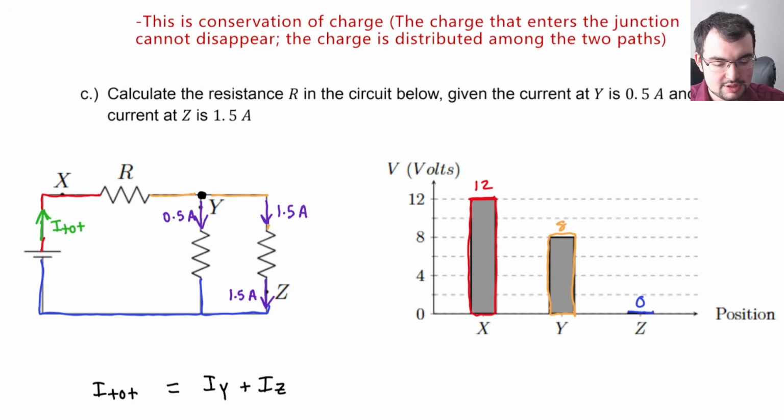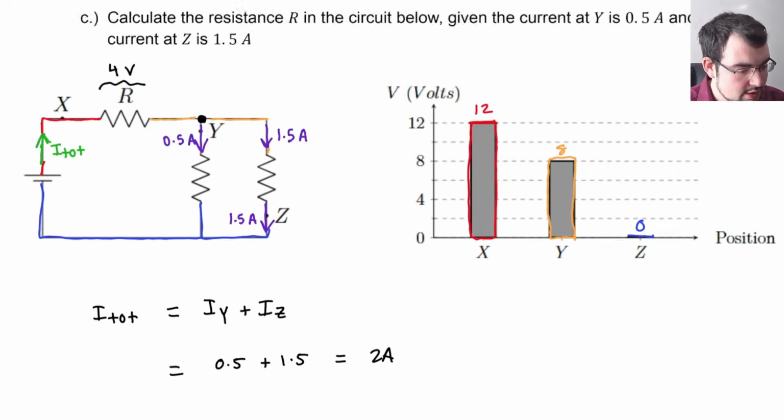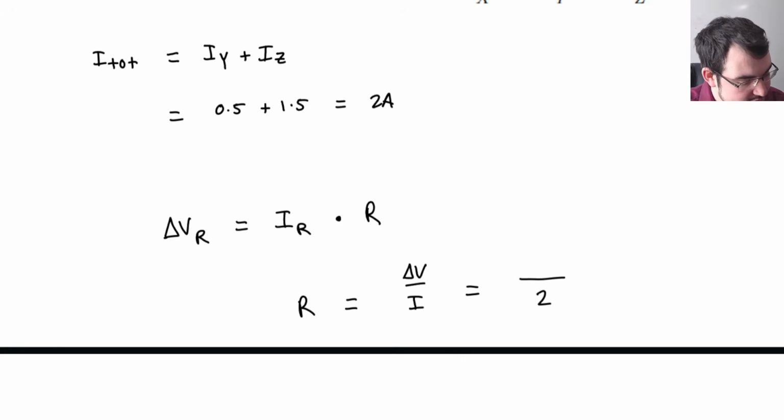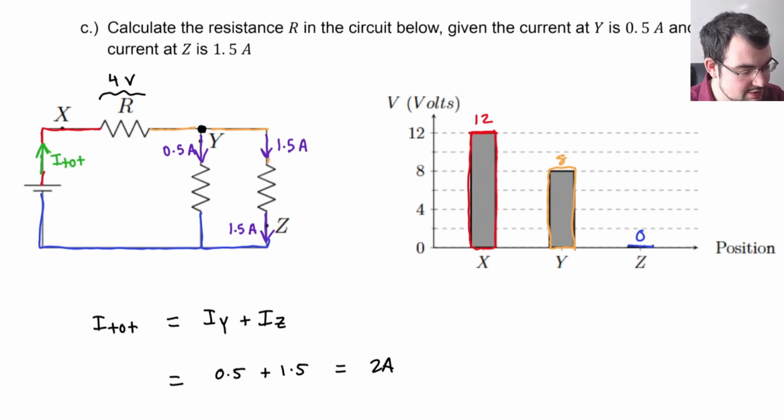So we see that the potential difference across R is just whatever that delta V is to get from red to orange, which is 12 minus 8, which is 4 volts. So this means our resistance is just 4 volts divided by 2 amps, which is equal to 2 ohms. So nothing too crazy there. Just looking at both of Kirchhoff's rules together to get us that answer.